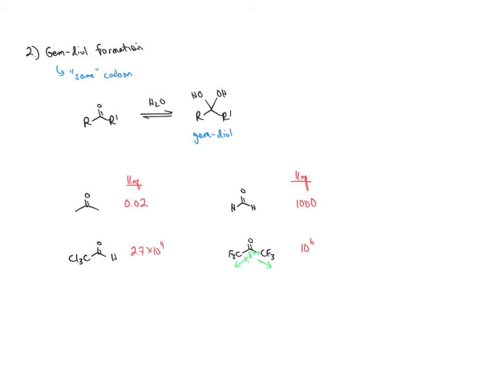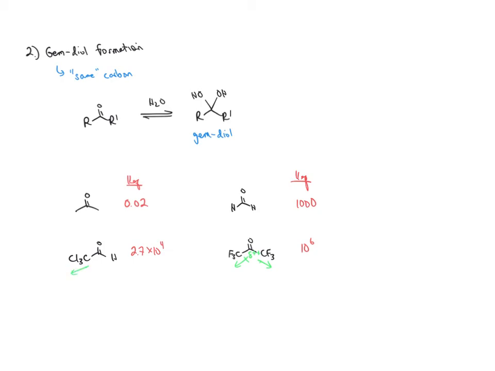With acetone, you might be thinking, well, it's a ketone. Why is it higher than the aldehydes? Well, that's because it's got 6 fluorine atoms on it. But if you were just to compare the two aldehydes, the formaldehyde and the trichloroacetaldehyde, you would see that this is also pretty consistent.